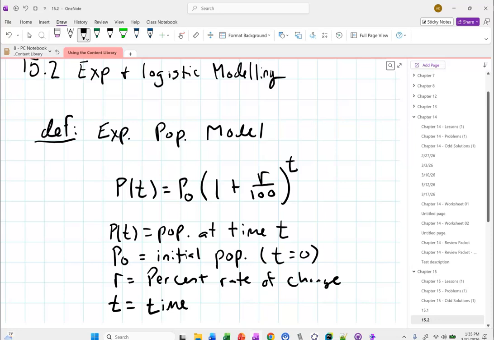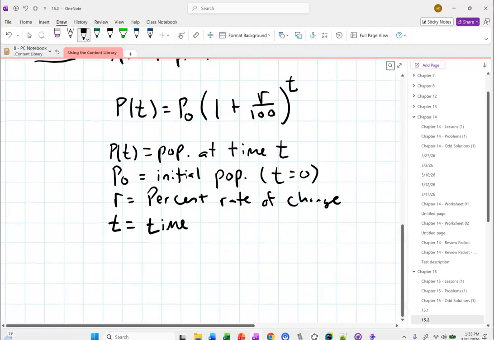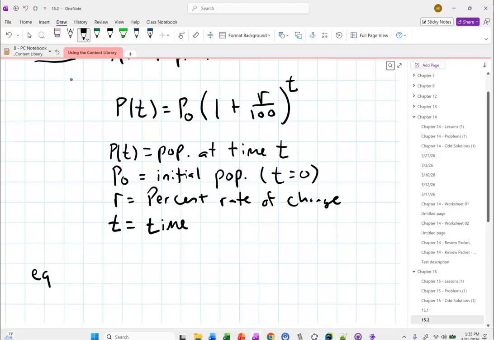Okay. So what we're going to look at now is going from an equation to getting these coefficients back out. So ideally, can I pull out P naught and R from an equation?